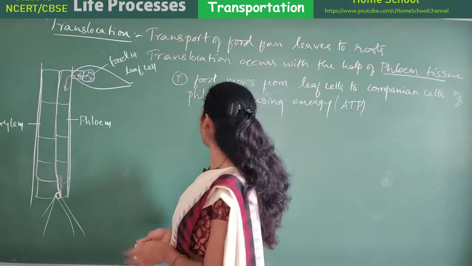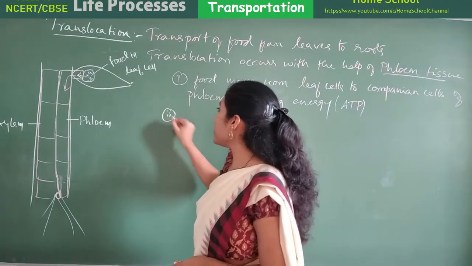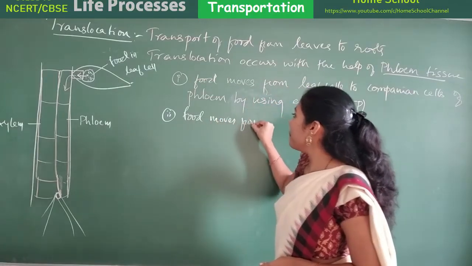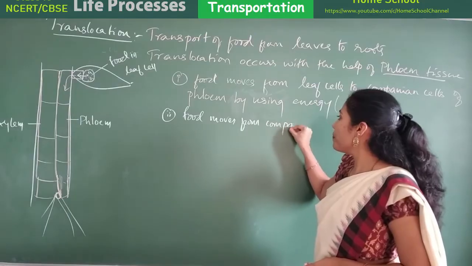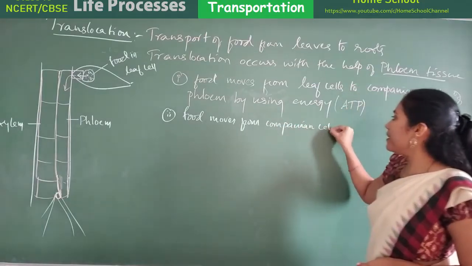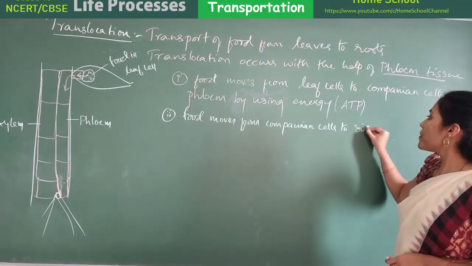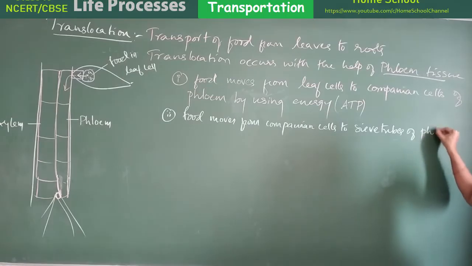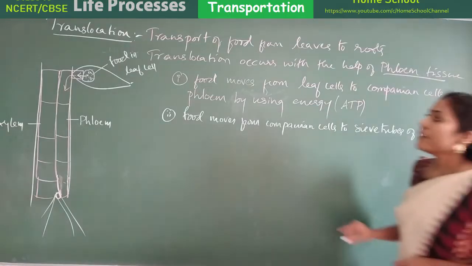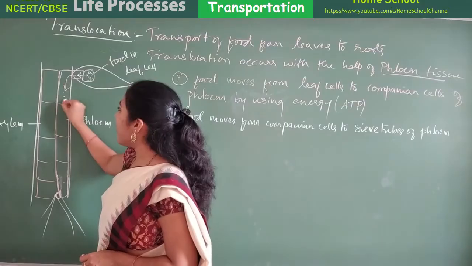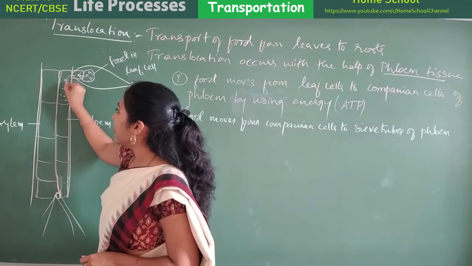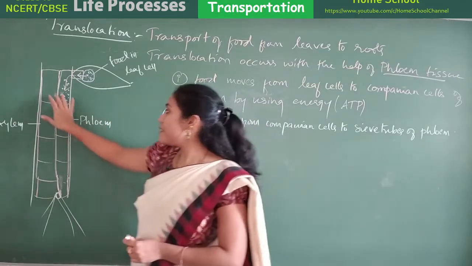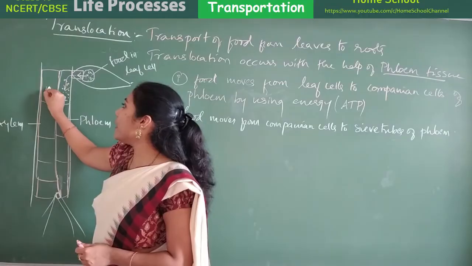So the next point I will mention here is food moves from companion cells to sieve tubes of phloem. Okay, so now the food is here. And in this step what happens is, see, xylem would be having some amount of water, isn't it?